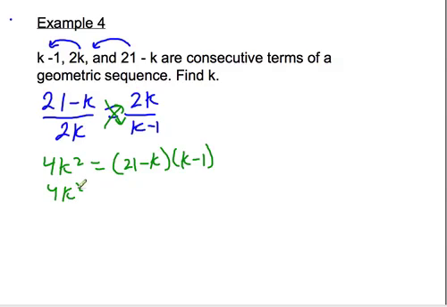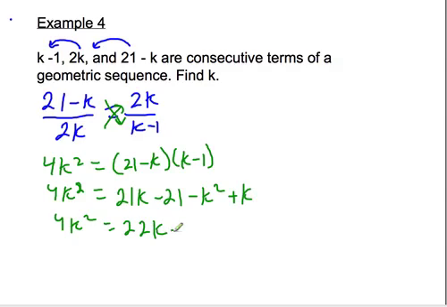And let's multiply that out. We get 21k minus 21 minus k squared plus k. And simplify a bit more. That's 22k minus 21 minus k squared.